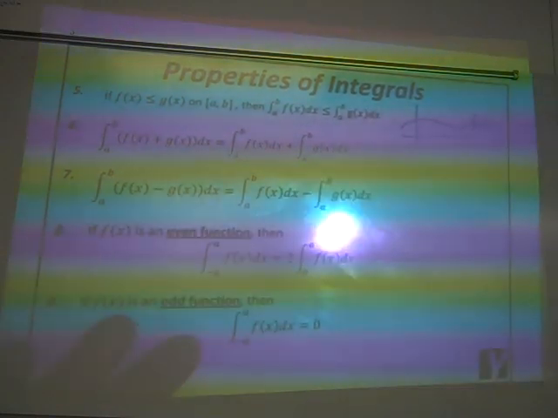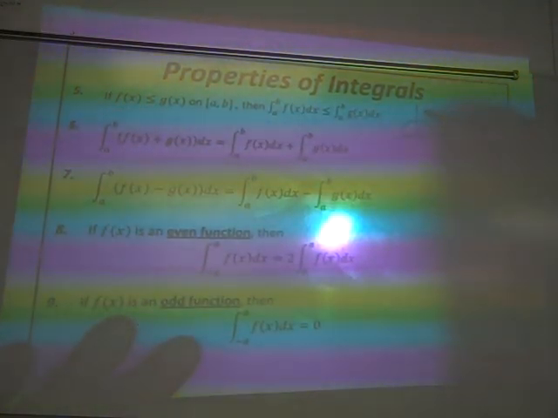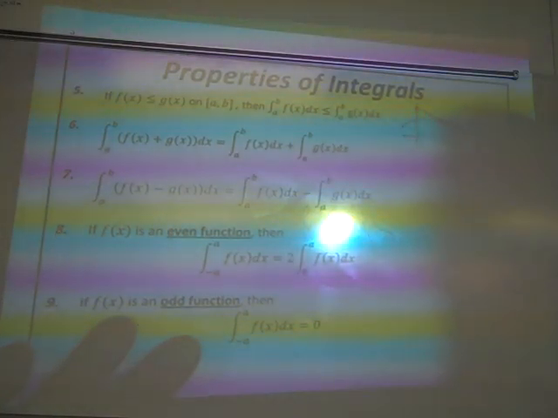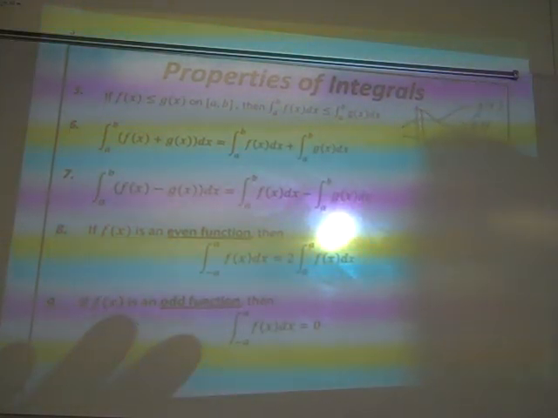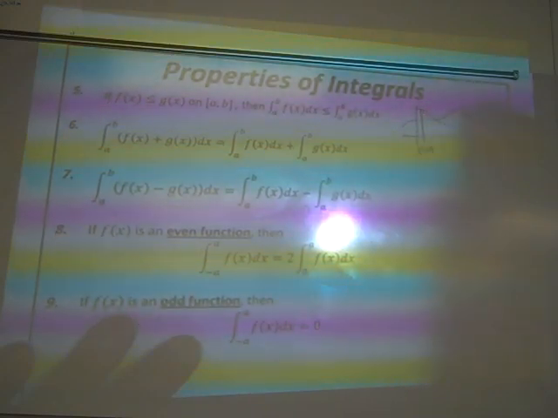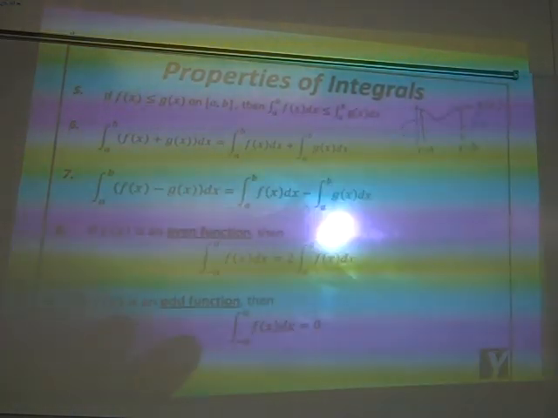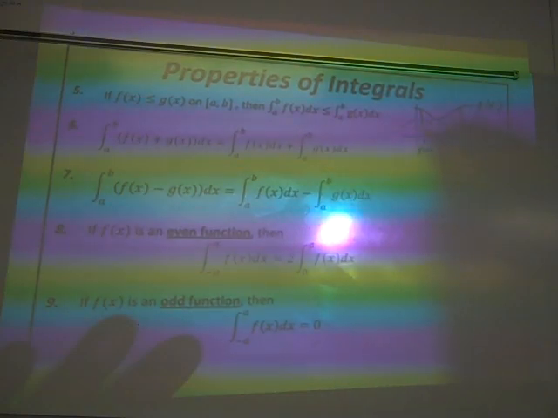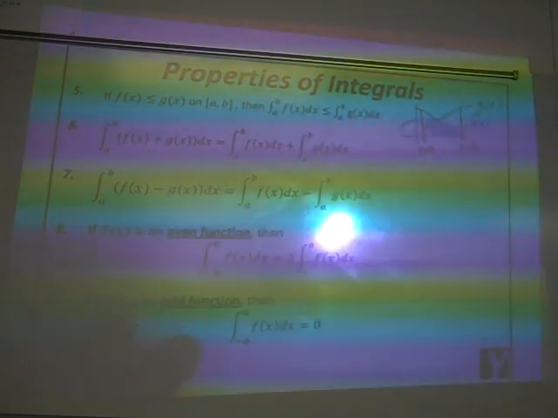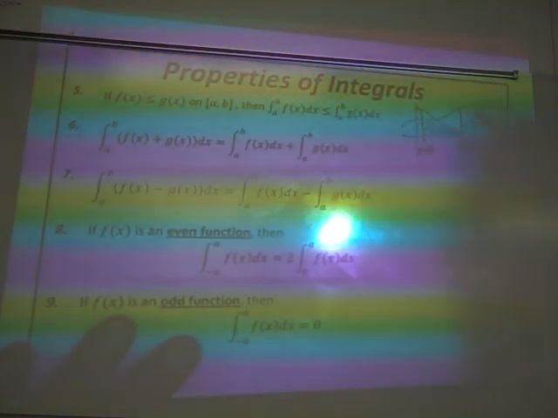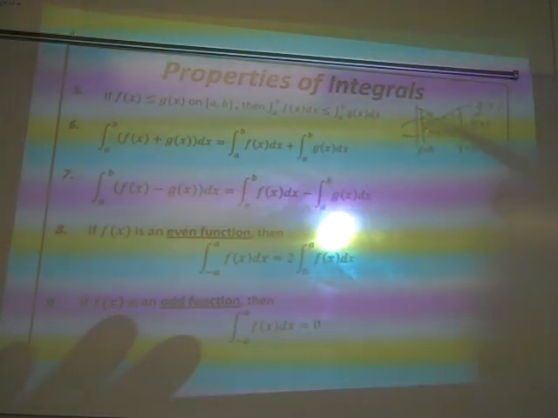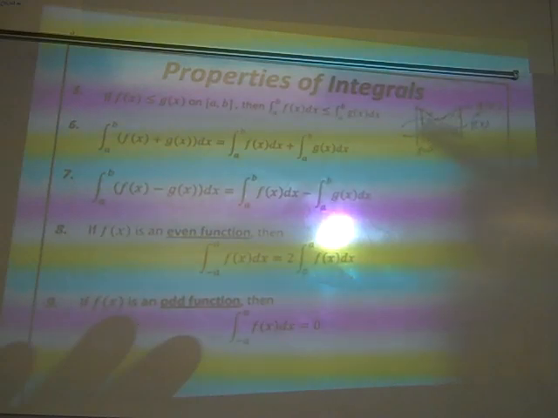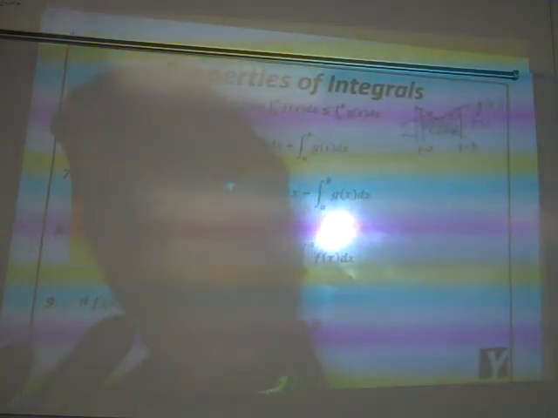Here's f of x. Maybe you get a different color pen, and here is g of x. If I look at it from a to b, the integral of f of x from a to b would be this blue region. The integral from a to b of g of x is the green region. And I can see pretty clearly that I have more green area than I have blue area. That's what this property over here is telling us.